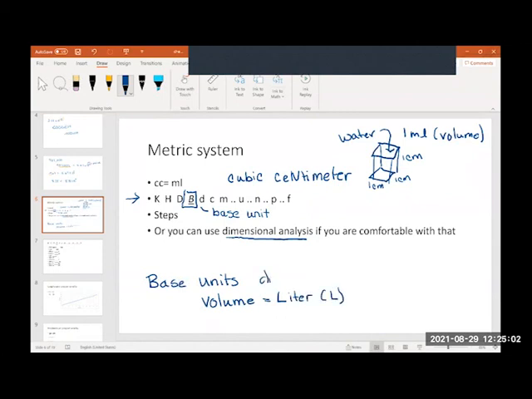For distance, it's meter. For time, it's second. And for mass, it's gram.